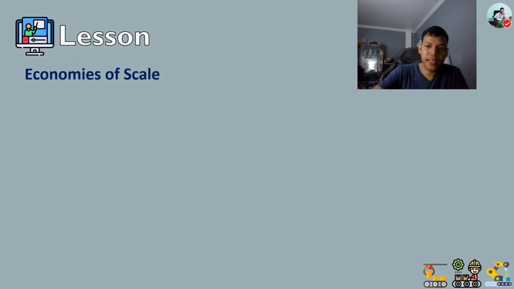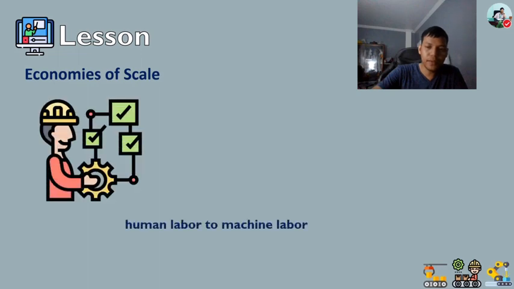And the business can decide to implement economies of scale in its marketing divisions by hiring a large number of marketing professionals. And the business can also adopt the same in its input sourcing divisions by moving from human labor to machine labor.